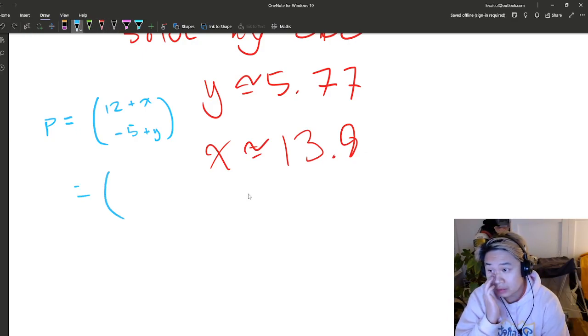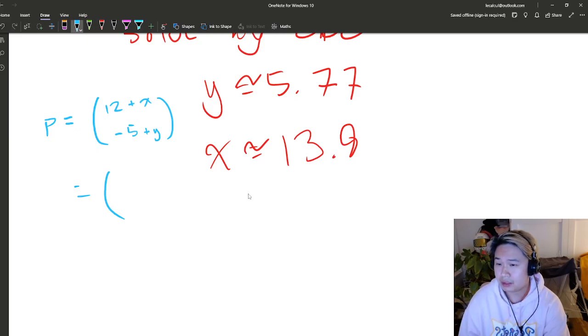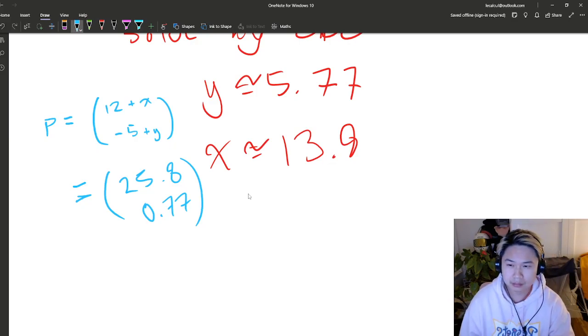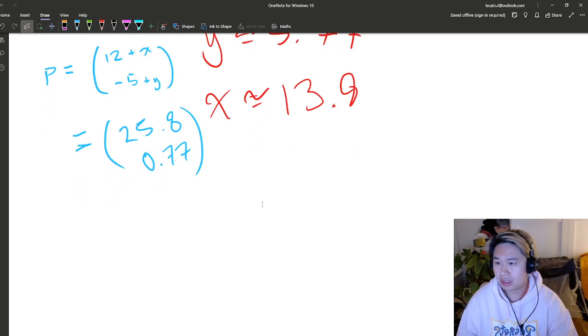So we're going to have 12 plus 13.8, which is going to be 25.8. And then from there, y is going to be 0.77, it seems. Sure. Okay.